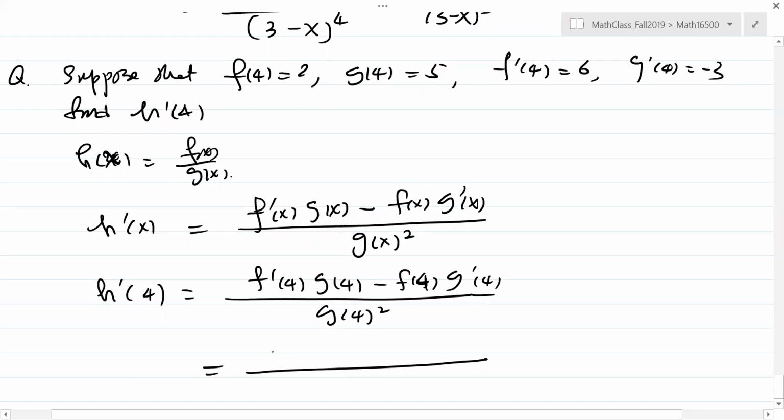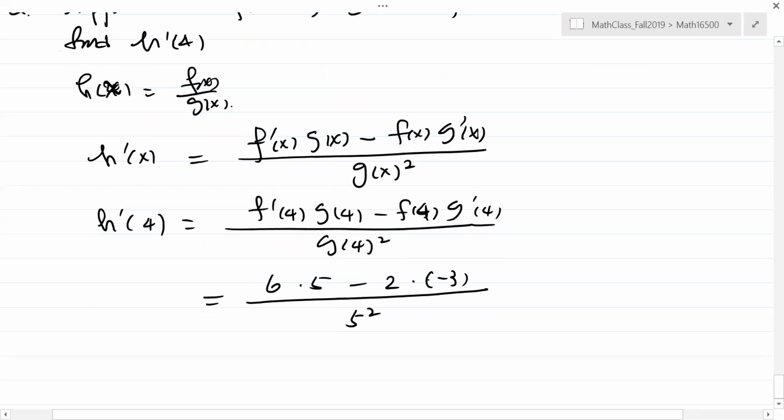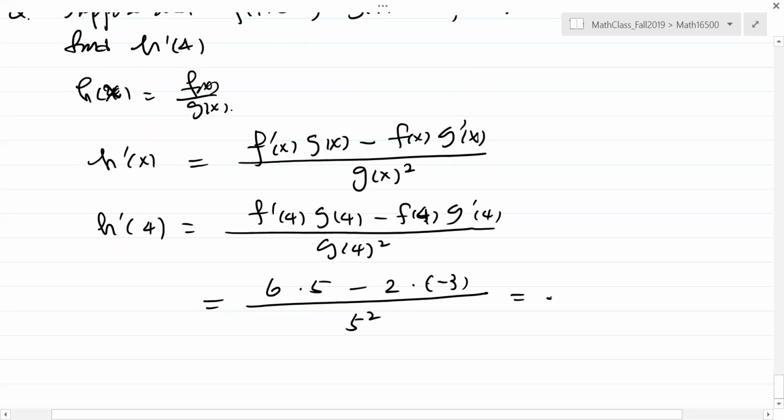F prime of 4 is going to be 6, g of 4 is 5, minus f of 4 is 2, g prime of 4 is negative 3, over g of 4 is 5 squared. Right? So this will be 36. So it's going to be 36 over 5 squared.